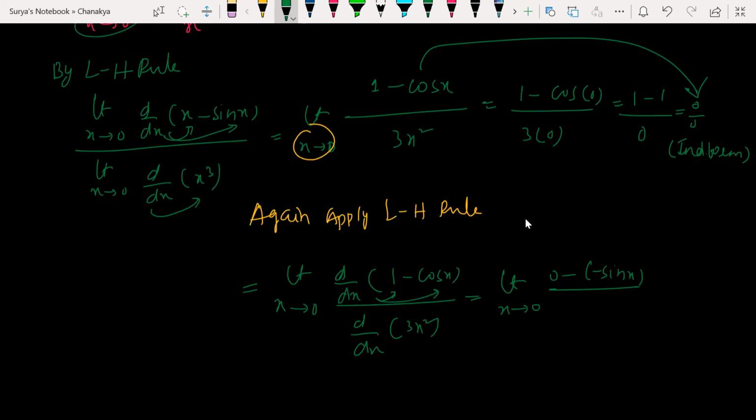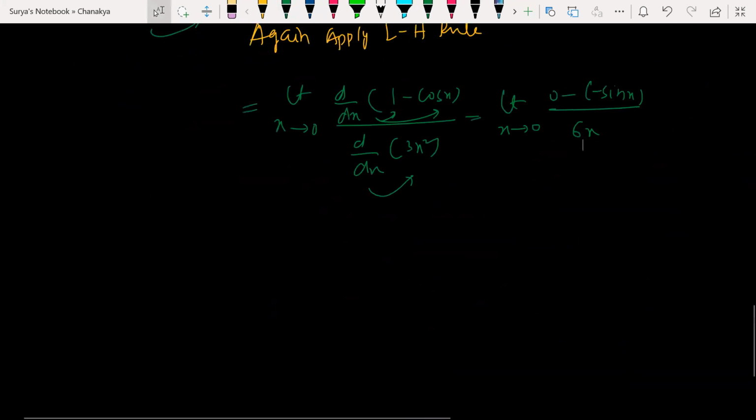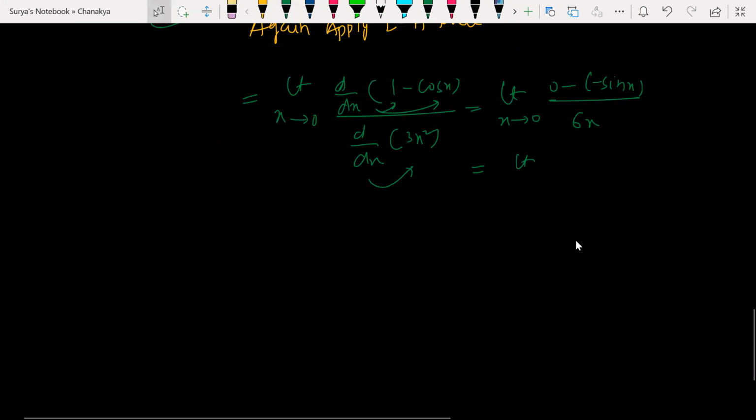And d by dx of 3x square is 6x. So limit x tends to 0 of sin x by 6x. Taking 1 by 6 in front, we remain with limit x tends to 0 of sin x by x.